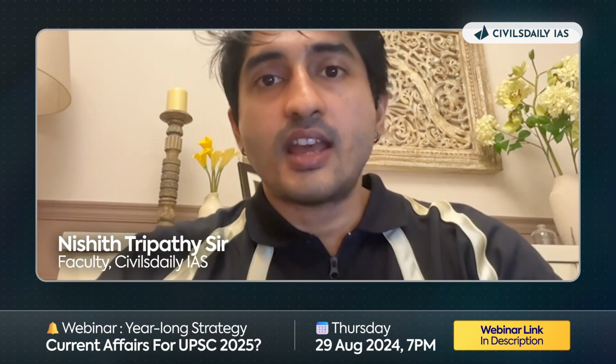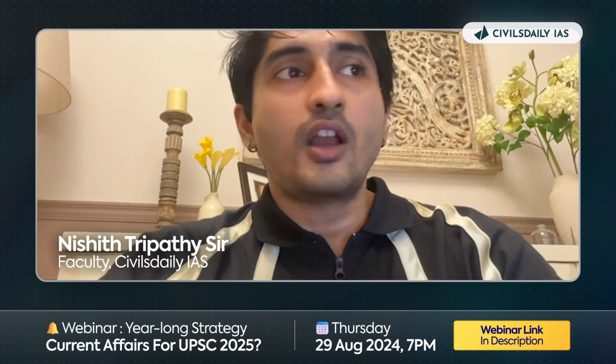Now coming to the next aspect, that is the fear of unknown unknowns. One thing we need to make clear at the outset is that it is impossible to know everything under the sun. But what we can try to do is raise the probability of attempting the unknown unknowns.